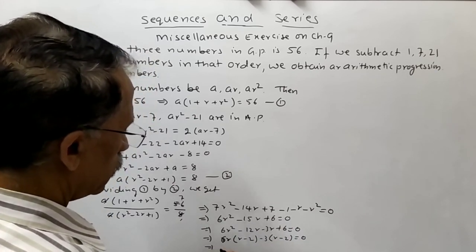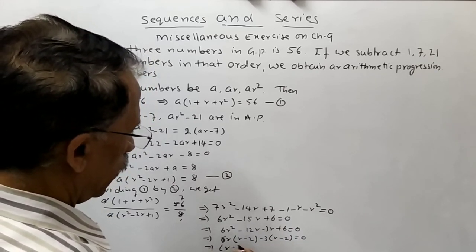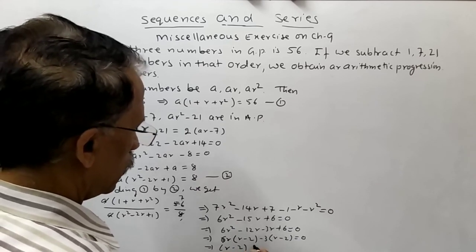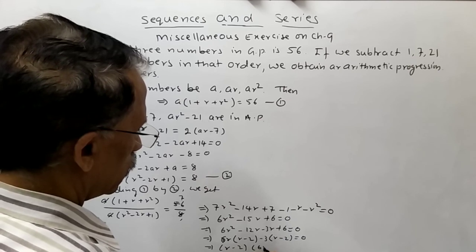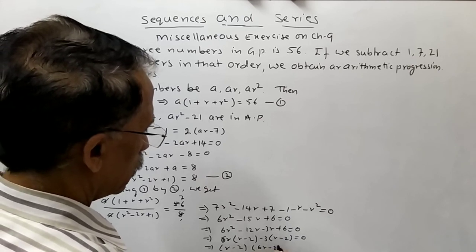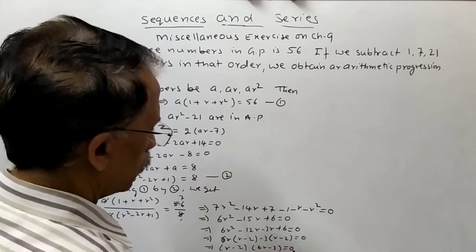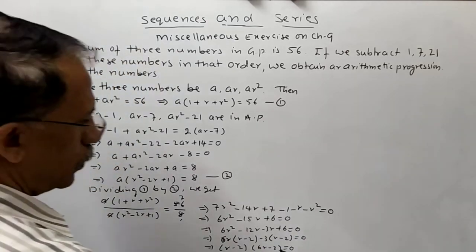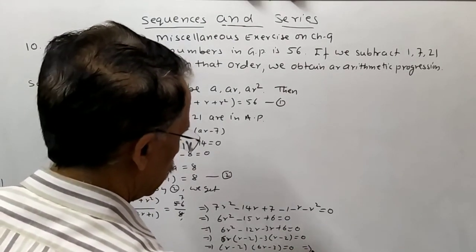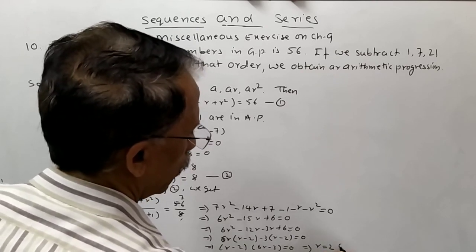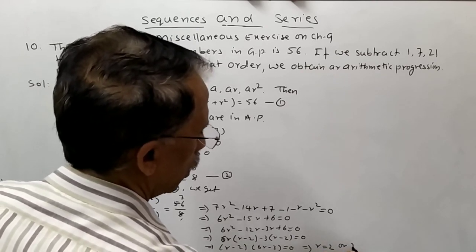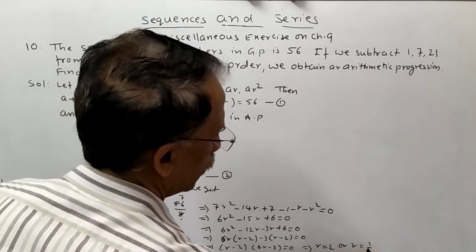This implies r minus 2 into 6r minus 3 is equal to 0. Implies r is equal to 2 or r is equal to 1 by 2.